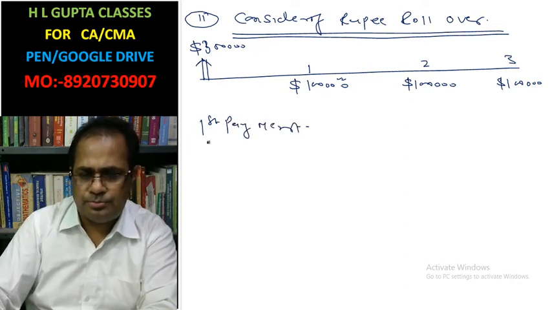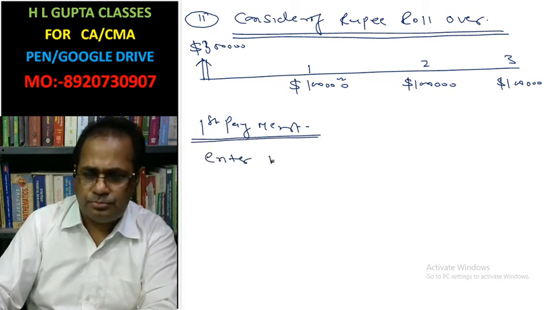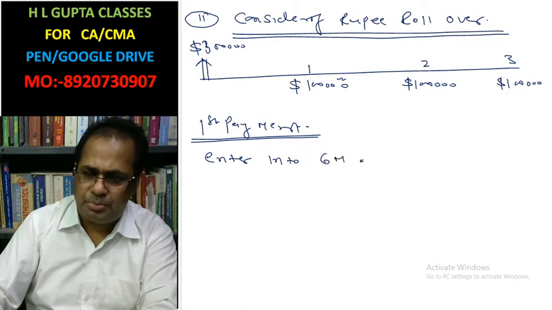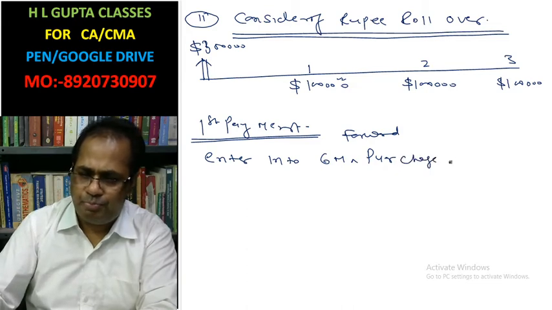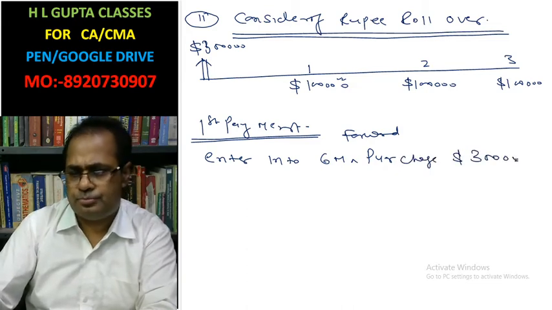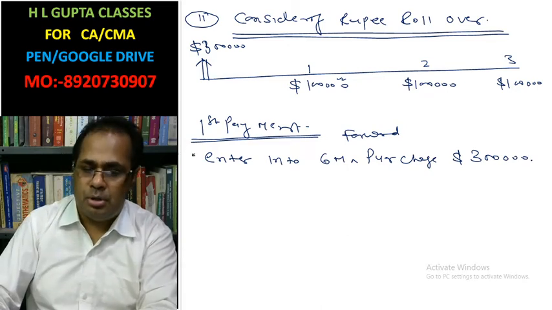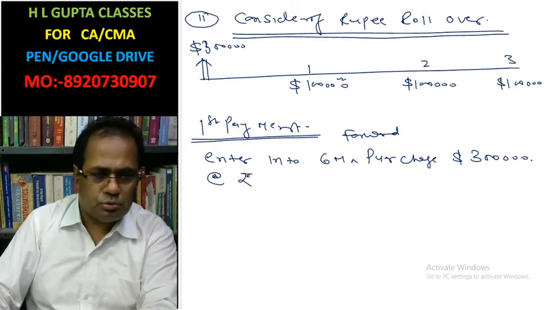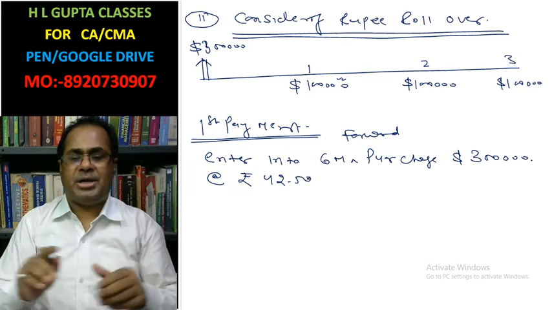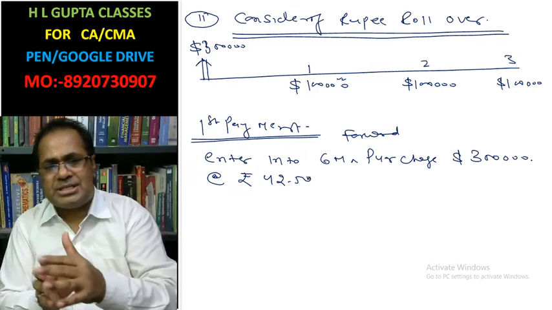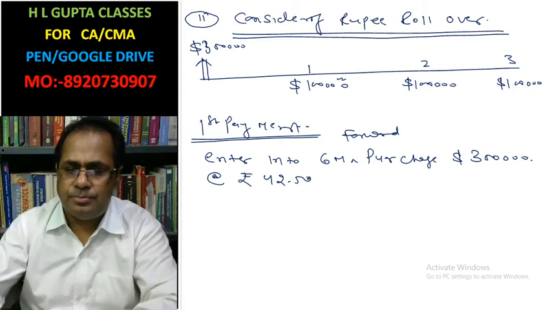Please try to understand. Enter into 6 month forward purchase, dollar 3 lakh at the rate of rupees 42.50. But at the end of the 6 month you have to pay dollar 1 lakh only.